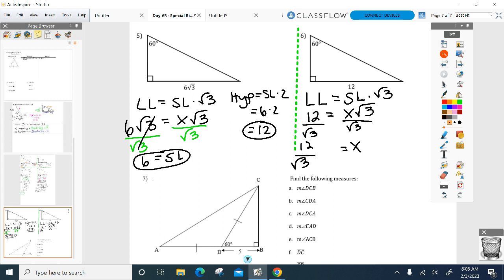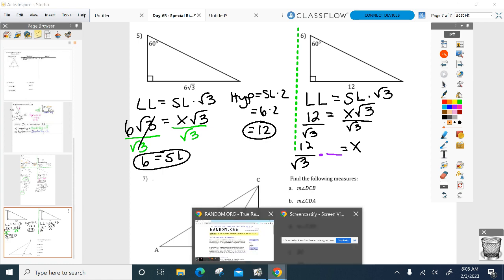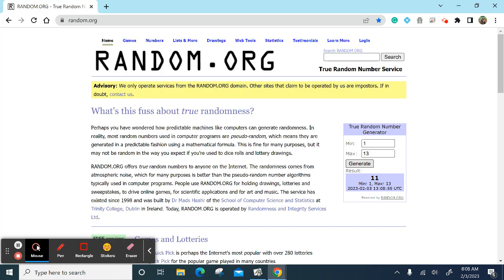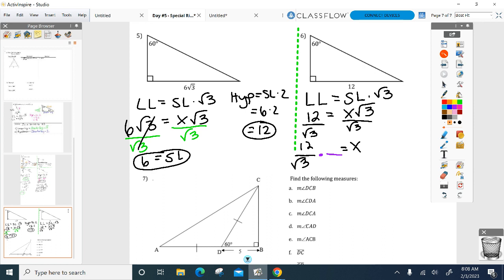You can't divide them, and I don't want the decimal. Remember what we said? It's not simplified when there's a radical in the denominator. So I need to get that radical out of there. That process is multiplying the top and the bottom by radical 3, whatever radical I want to get out of there.